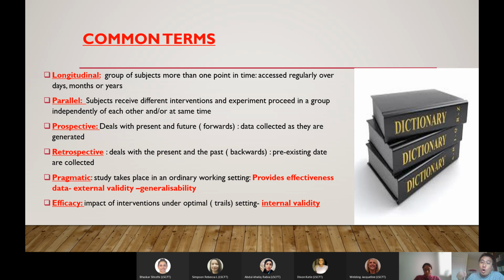Which of the common terms is applicable for this study? So the options will be longitudinal, parallel, prospective, retrospective, or pragmatic. Which one would you take? Longitudinal? Yeah, the same population. So if you understand the concept, it becomes easier for you to tick.